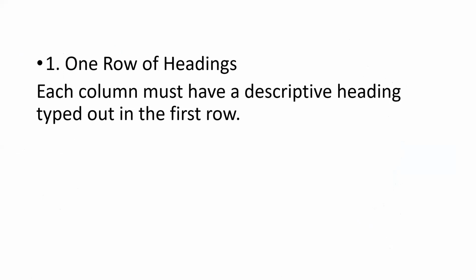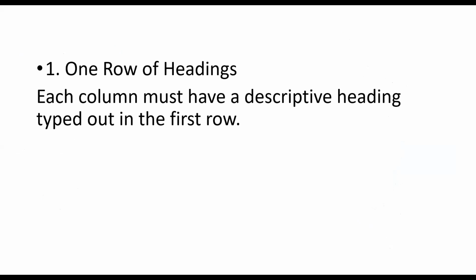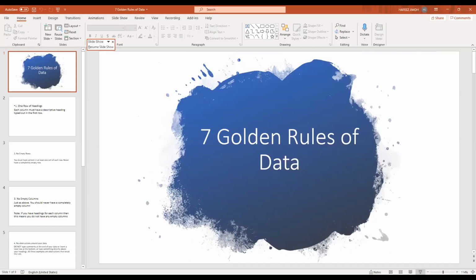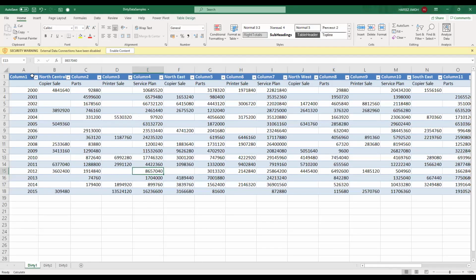So when you look at our data now, let's go back to our data. I believe I'm sharing my screen, my Excel screen. Can you see my Excel screen now? Yes.